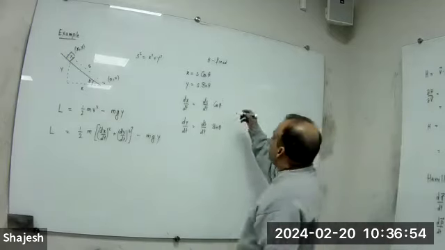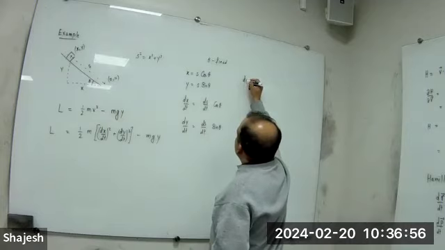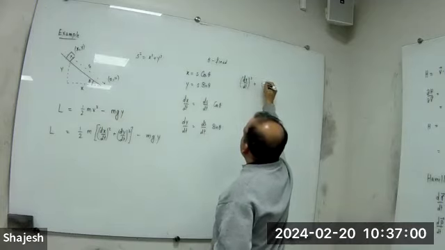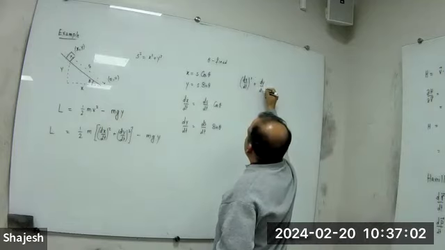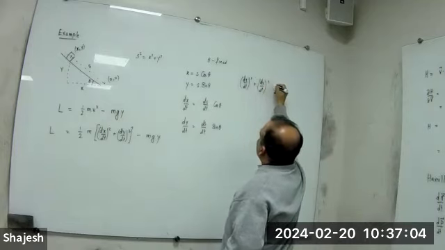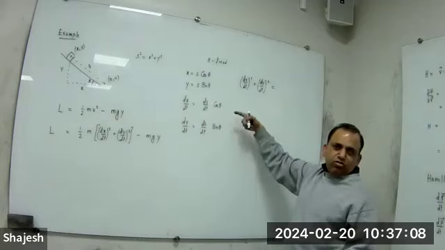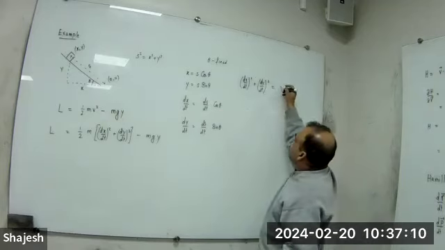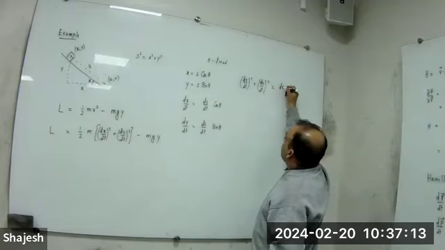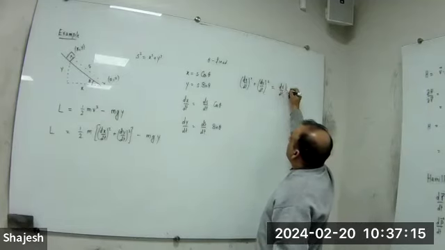That immediately tells us that (dx by dt) squared plus (dy by dt) squared is the square of this plus the square of this, cosine squared plus sine squared theta, so that's (ds by dt) squared.